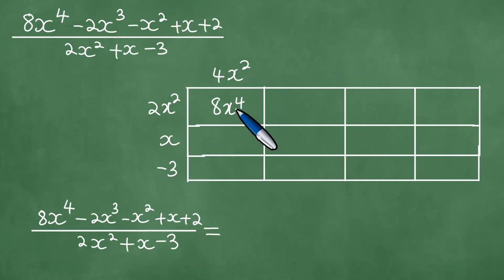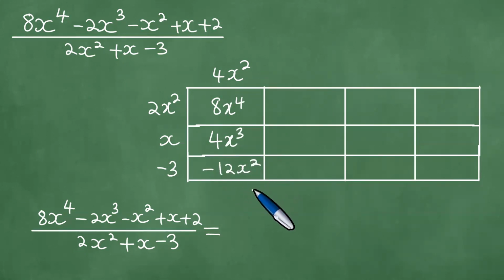To check if this is correct, you multiply the 2x squared by 4x squared, you get 8x to the fourth power. x by 4x squared is exactly 4x cubed, minus 3 by 4x squared gives us minus 12x squared.